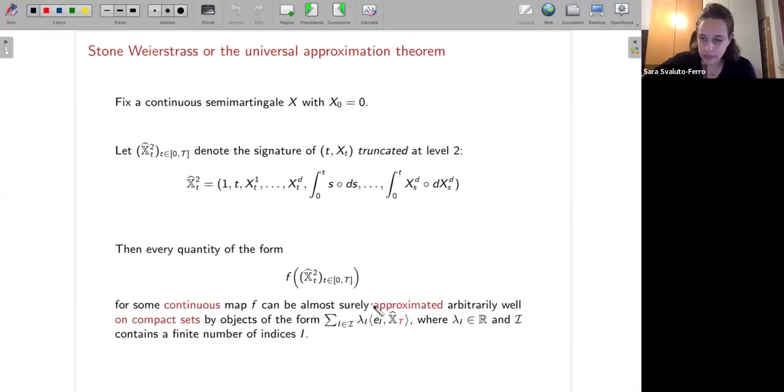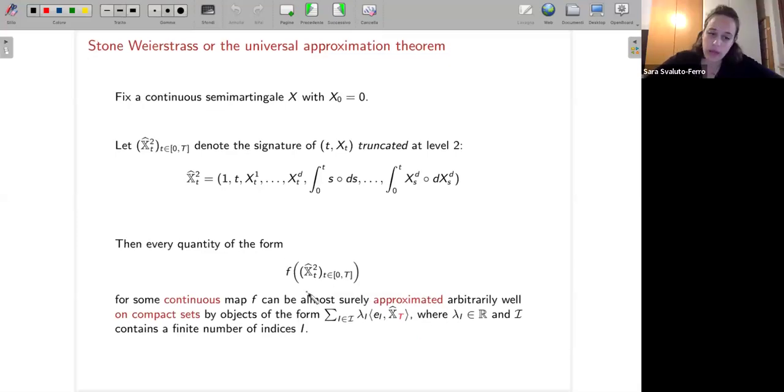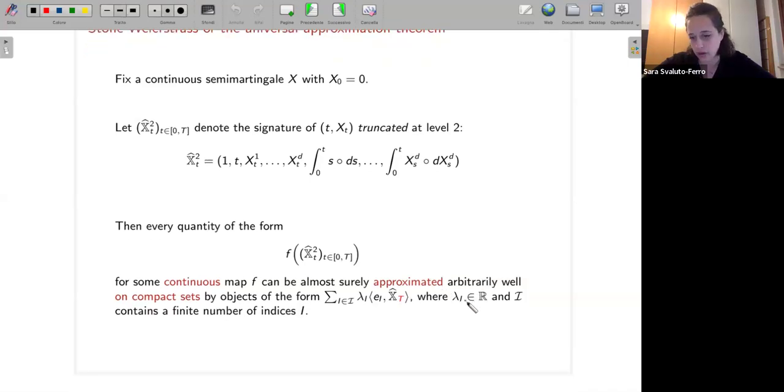Then the universal approximation theorem says that if you take a continuous map of the signature till level 2, you can approximate it arbitrarily well on compact sets by a linear combination of the signature of X. Okay? Lambda I are some numbers that you put in front, so coefficients of the linear combination, and I contains a set of vectors and is finite.